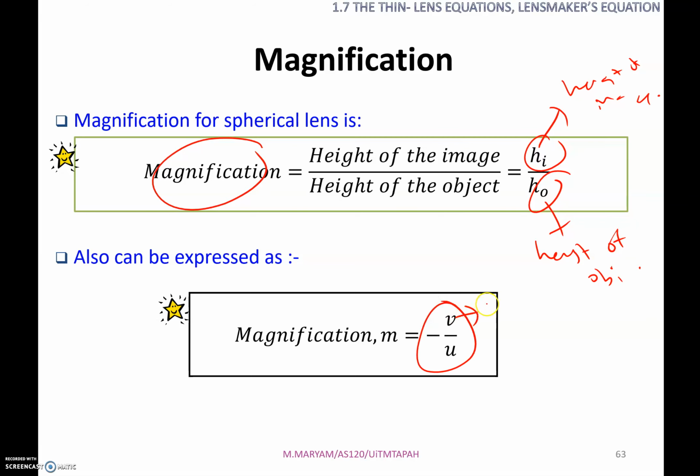Again, I'll remind you, v will be the distance of image and u will be the distance of object from the center of the lens. For magnification, v over u, always remember to put the negative. I'll explain more on magnification later on.